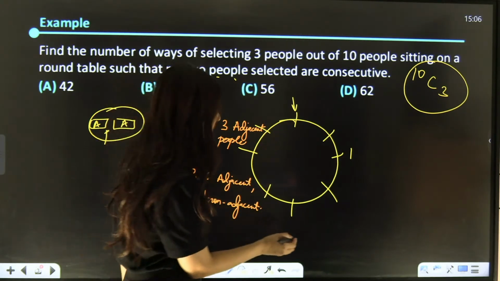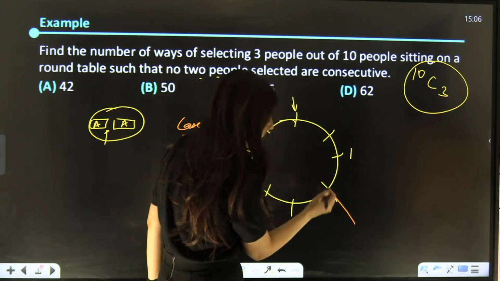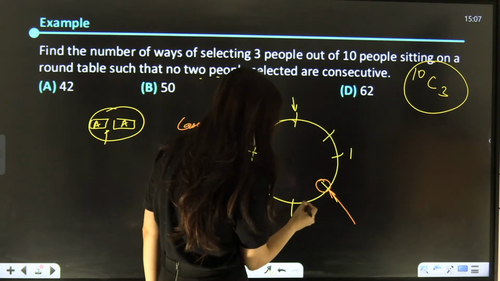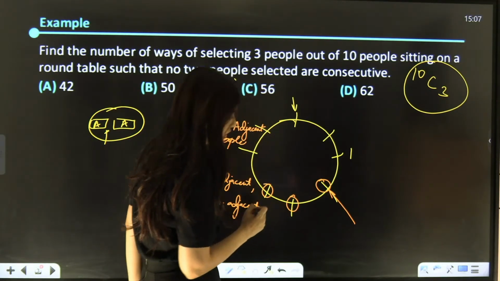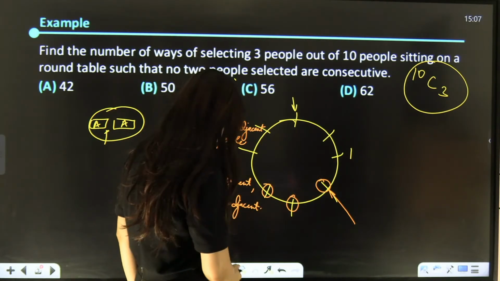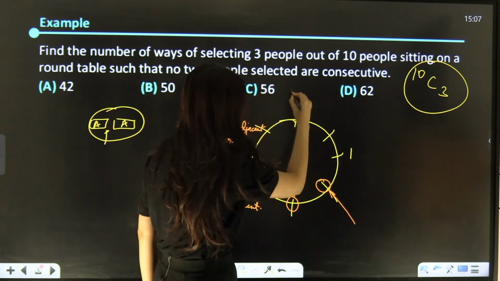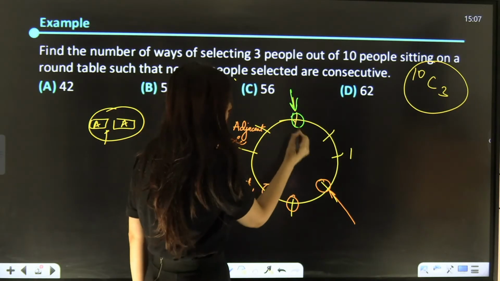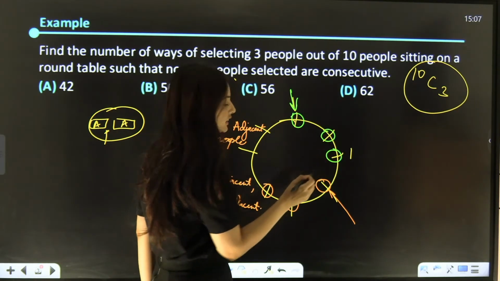Let's say I start from this person and go in a clockwise direction. This is my first person, second and third. This is one case. If I start from, let's say here, and go in the clockwise direction, then 1 person, 2 and 3.